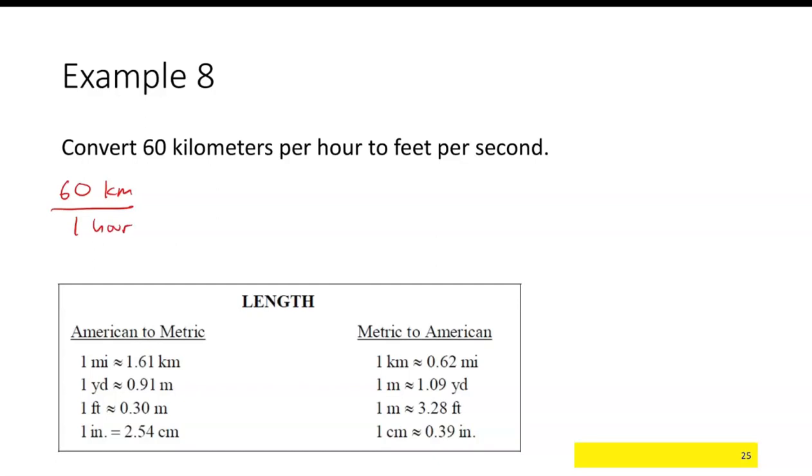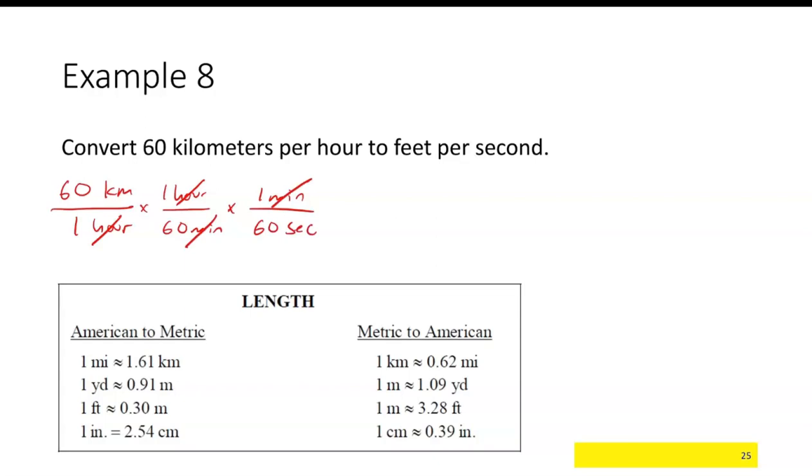I want to convert to feet per second, so let's start with the hour part. What I know is that 1 hour is 60 minutes, so I'll go 1 hour on top and 60 minutes on the bottom. So that crosses out the hours. You want to get to seconds, so 1 minute is 60 seconds.